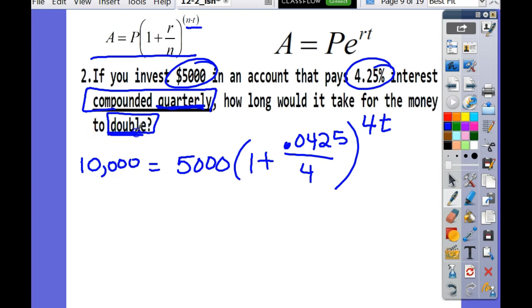Because it says so in the problem right there. We're doubling it. And so what I need to do to solve this is isolate this part right here that has the variable in it. So I'm going to divide by the 5,000.